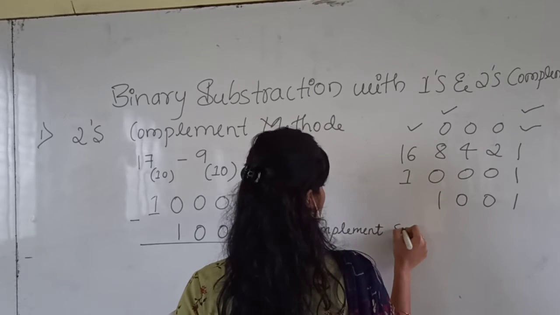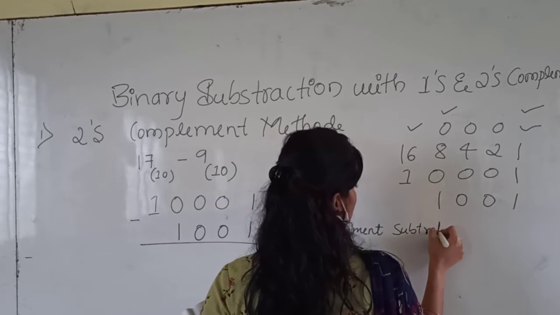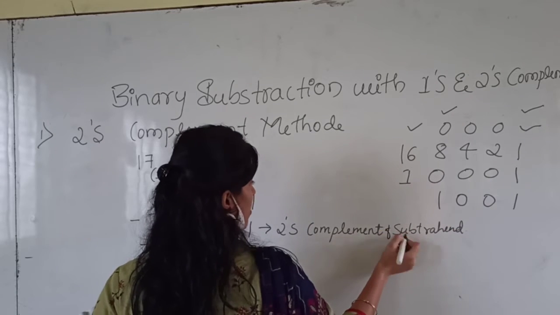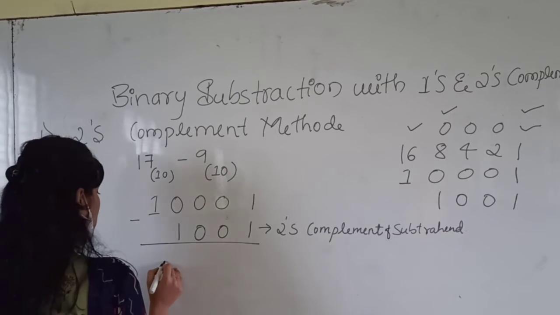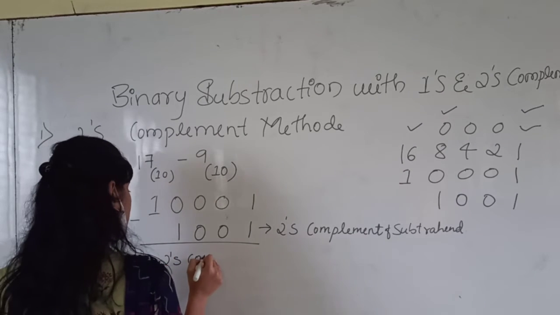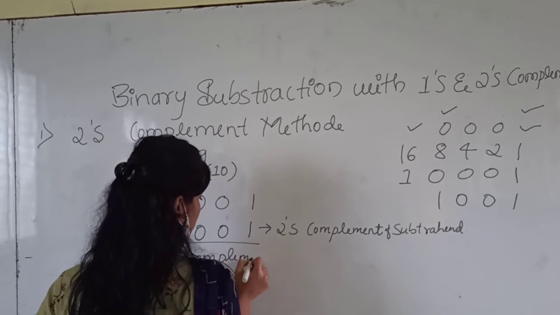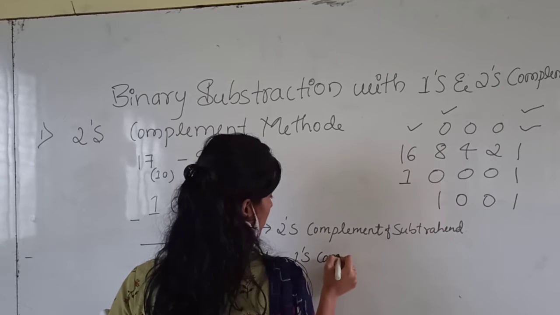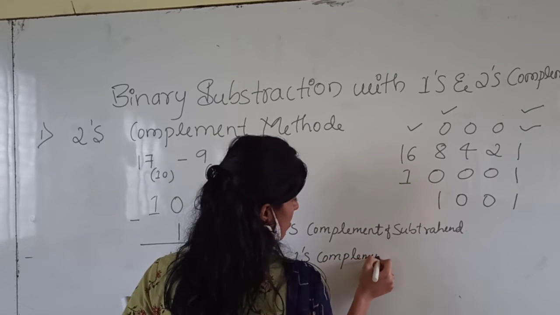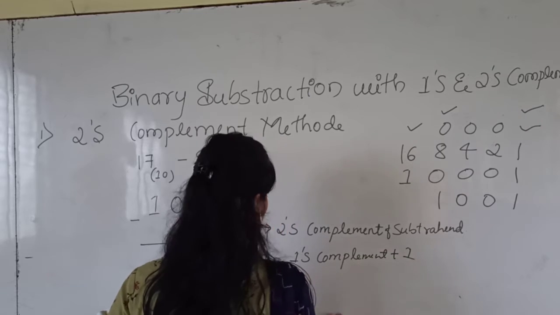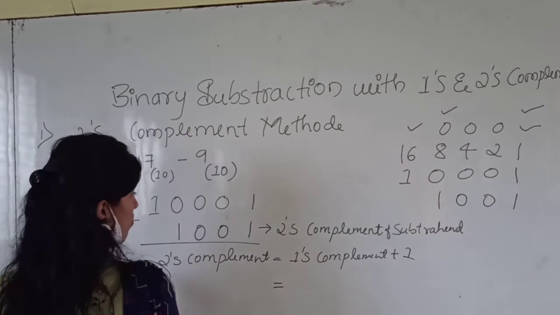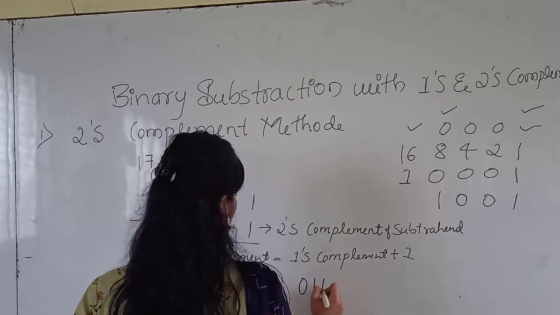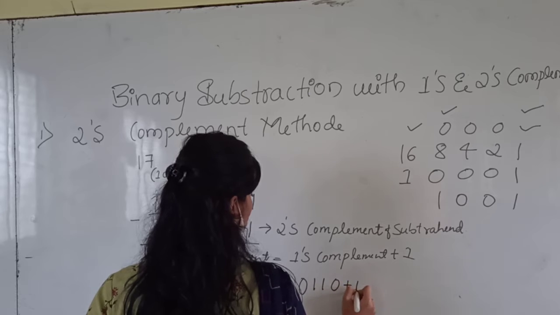For this subtrahend, two's complement means one's complement plus 1. So what will it become? One's complement is 0, 1, 1, 0, plus 1.